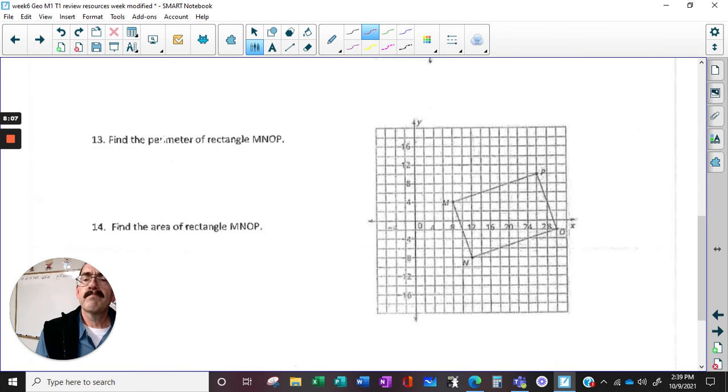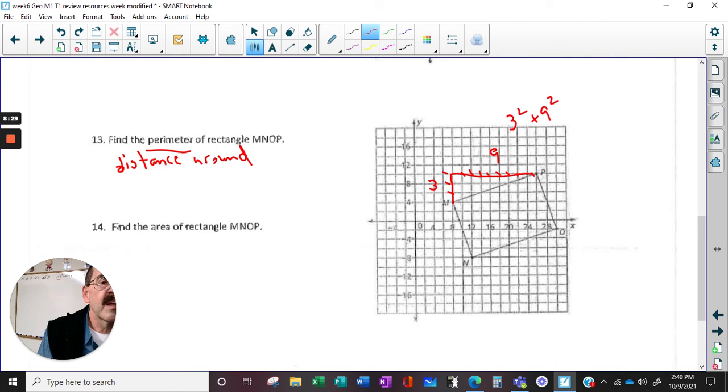Find the perimeter. Perimeter. Distance around, right? Okay, so let's go up and over. 1, 2, 3. Okay, and this would be the same. Or we can go over here. 1, 2, 3, 4, 5, 6, 1, 2.